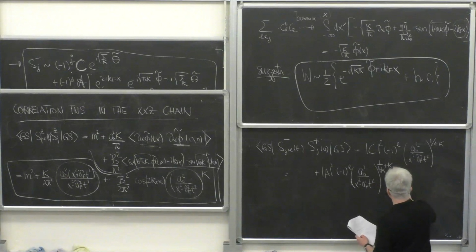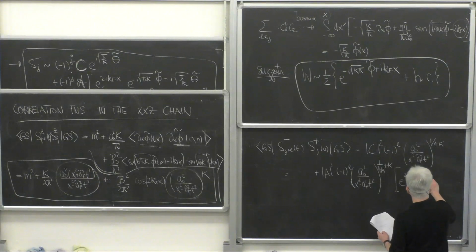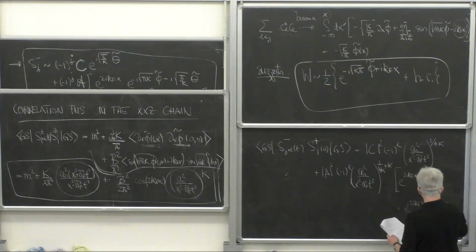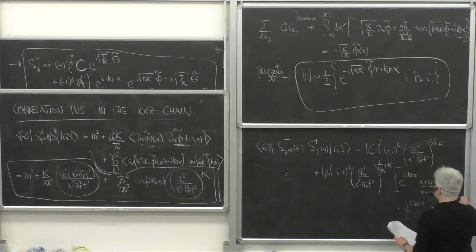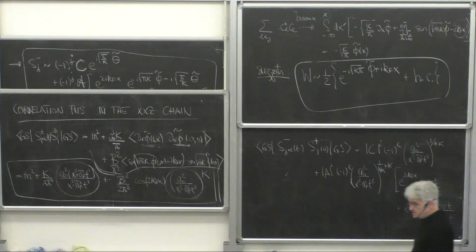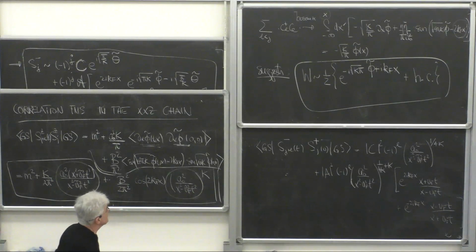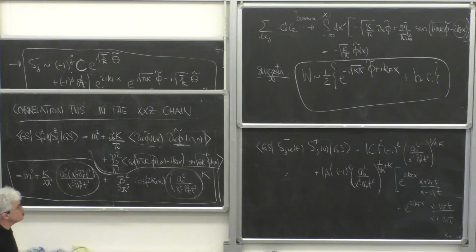And then here I get an extra piece, e to the 2i kf x, x plus vf t divided by x minus vf t, plus e to the minus 2i kf x, x minus vf t divided by x plus vf t. Voila. Okay, so those are the answers for the spin-spin correlation functions in the spin-half chain.